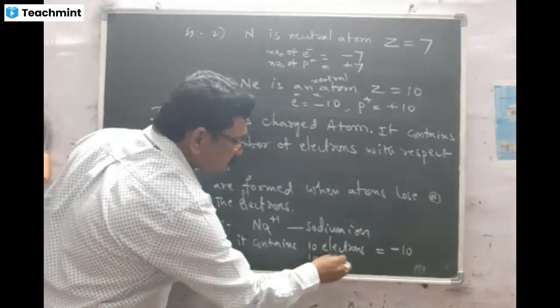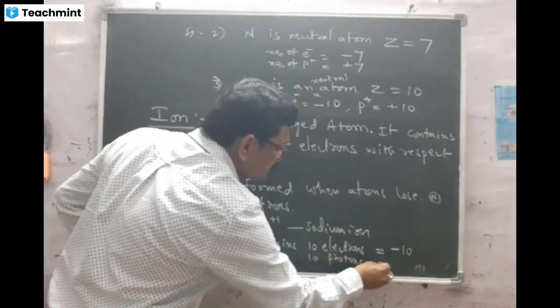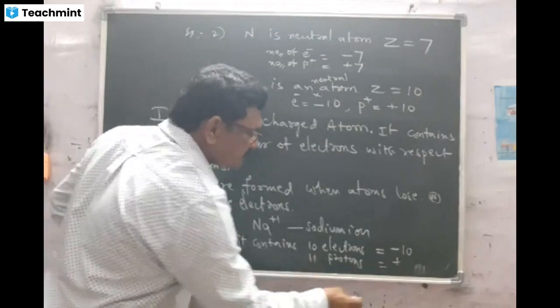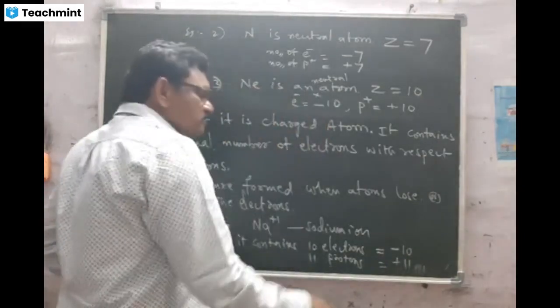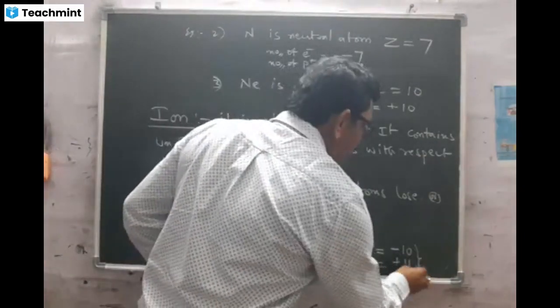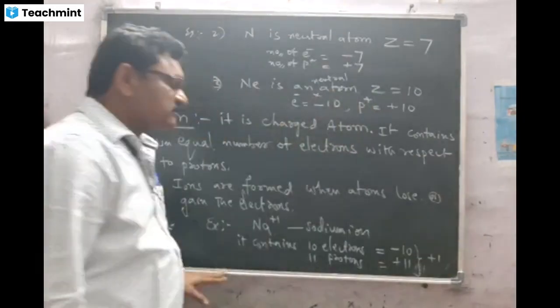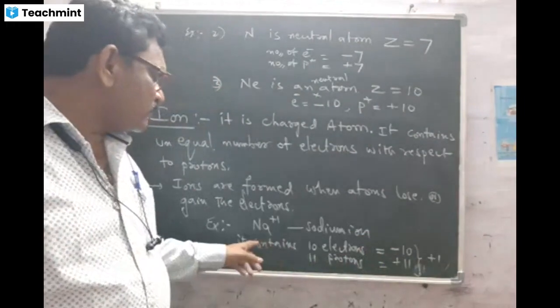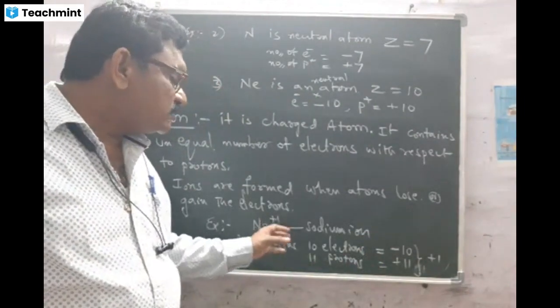It contains 11 protons, not 10. 11 protons, that means plus 11. So minus 10 plus 11, the overall charge is plus. Here electrons are only 10. Why? Because Na+ means it loses one electron.